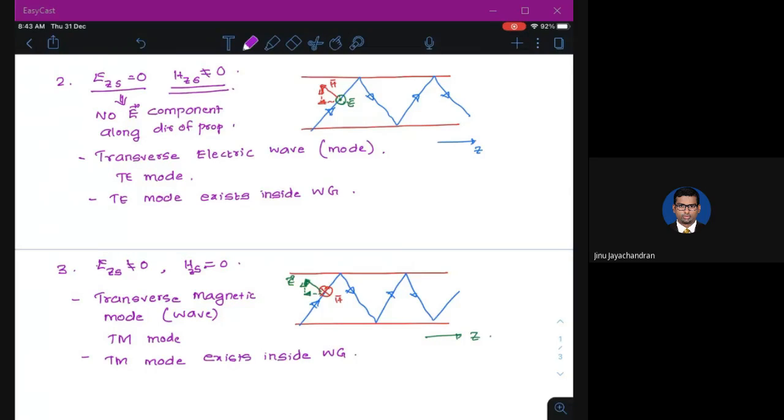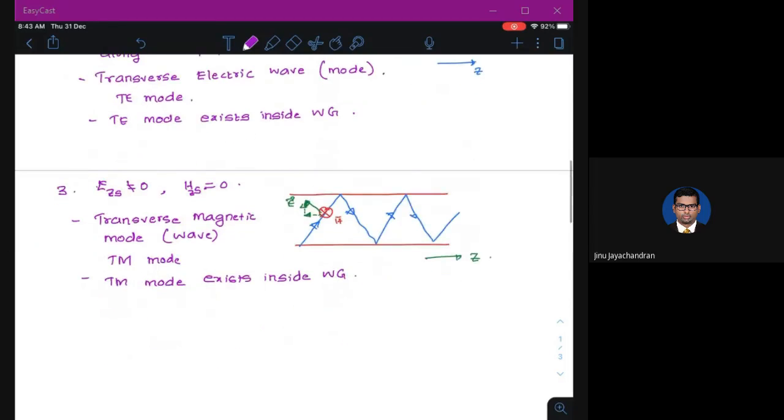So these are the three important modes of propagation inside a waveguide. And the important thing you should understand is that TEM mode or TEM wave will not exist inside a rectangular waveguide. That's a very important result, which was asked many times in GATE exams also. Now there is one more mode, actually we are not concerned much about that, where Ezs is not equal to 0 and Hzs is not equal to 0.